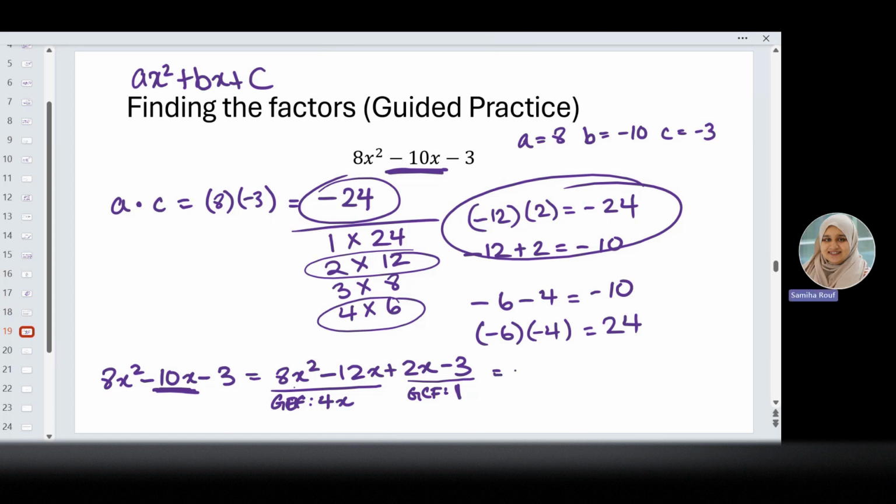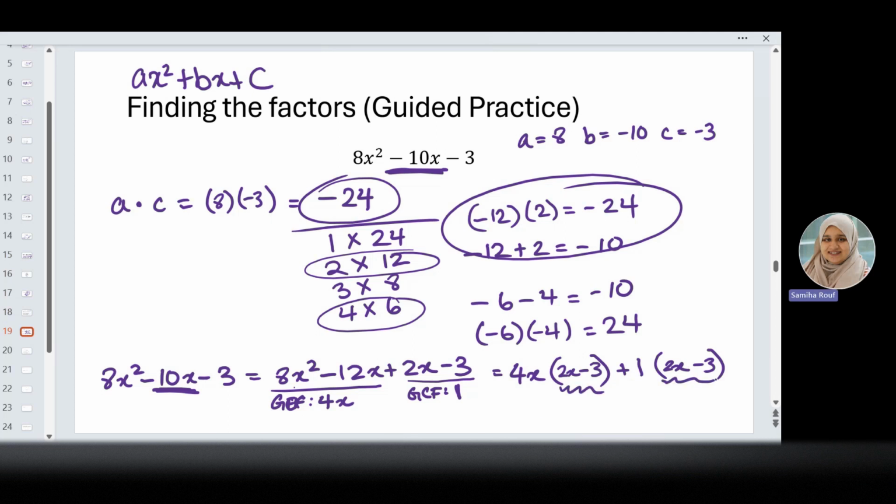Okay, so we're going to have 4x times something plus 1 times something. Well, 4x divides the 8x squared. That gives me 2x. 4x divides the -12x. That's -3. 1 is going to divide the 2x, so you're just left with the 2x. 1 divides the -3, we're left with -3.